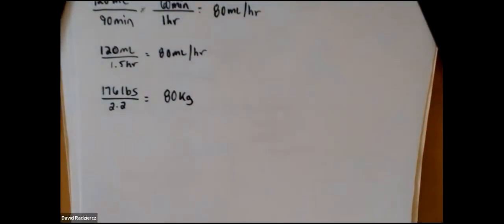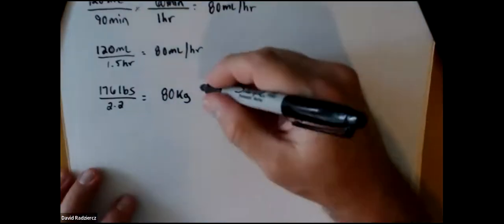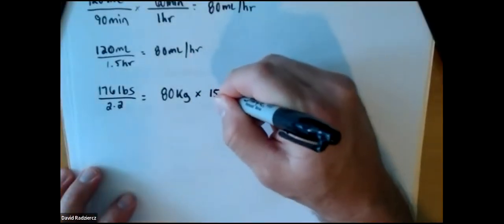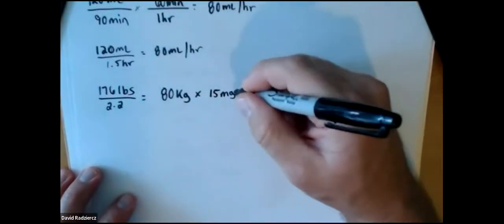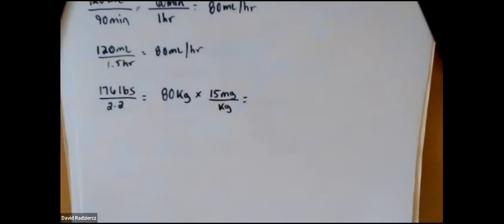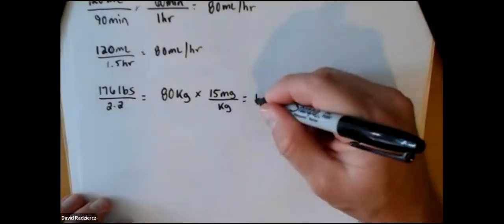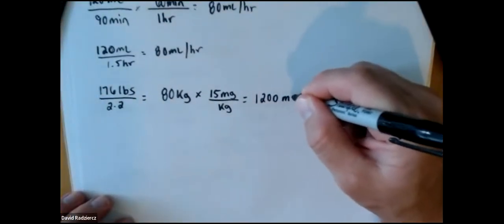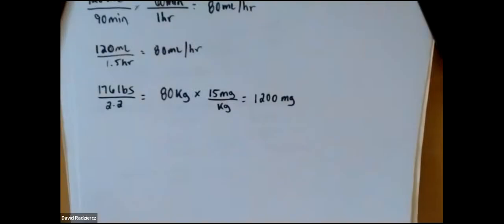And it tells you there is a loading dose of 15 milligrams per kilogram. 80 times 15 is 1,200 milligrams. So that's how you would calculate the loading dose for Dilantin for question 24.